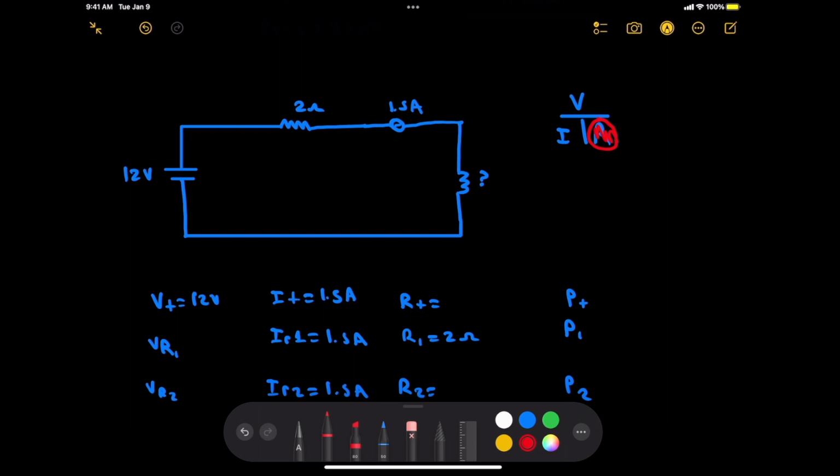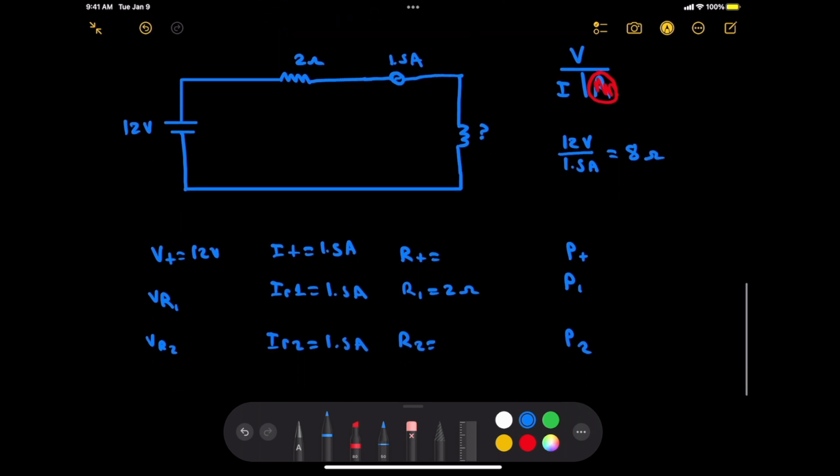So taking our voltage, which is 12 volts, and dividing that by 1.5, we should be able to get our resistance value. Taking out our calculators, we got 12 divided by 1.5 equals 8 ohms. So that means our resistance total is going to be 8 ohms.